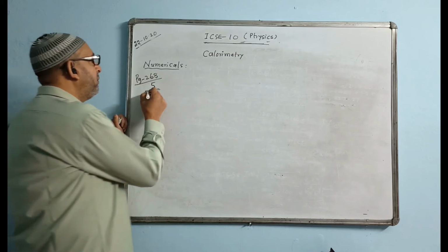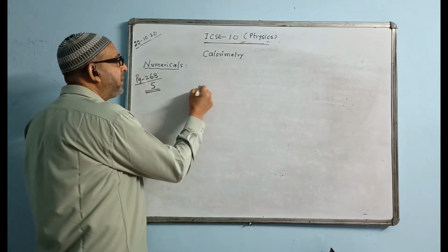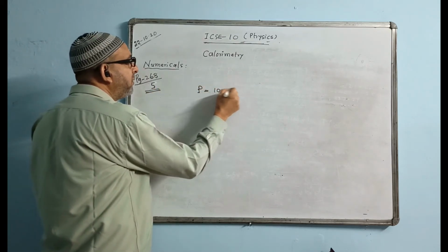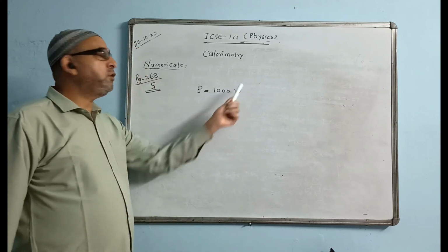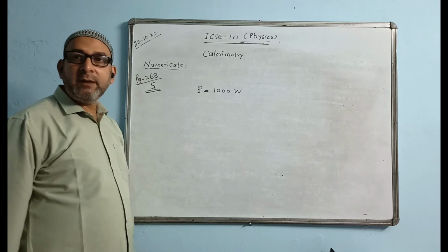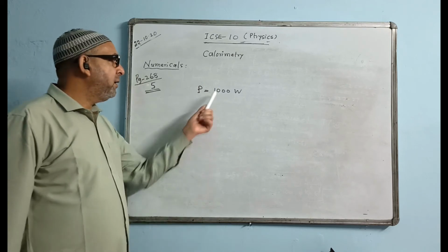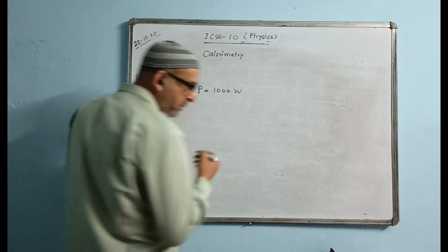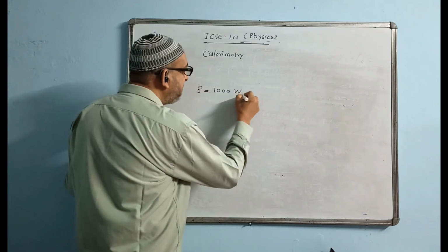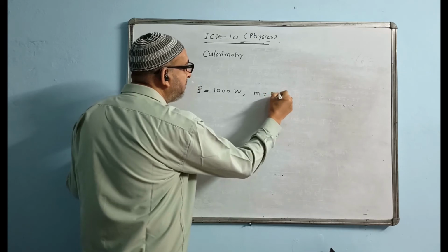So now, let us write down the information. Power given to us in the question is 1000 watt, or it may be given as 1000 joule per second. Watt is the same as joule per second. Mass is given, 5 kg.